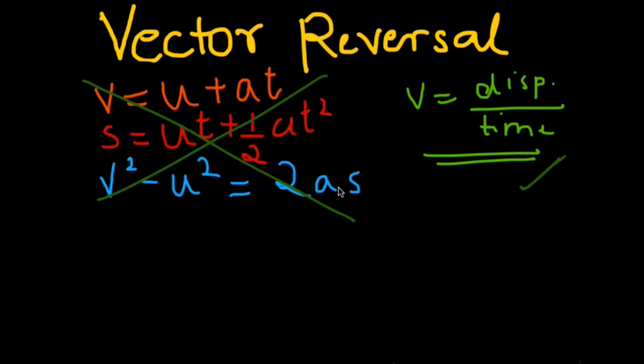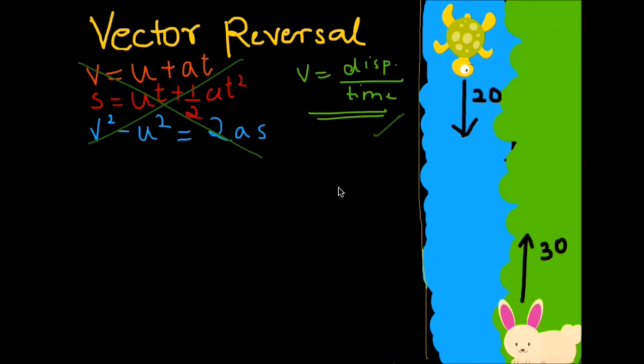So now let us start the method of vector reversal. Let us take a very easy example, the tale of the tortoise and the rabbit. After losing the race, the rabbit said that he wanted another race, whereas the tortoise gave some conditions too.